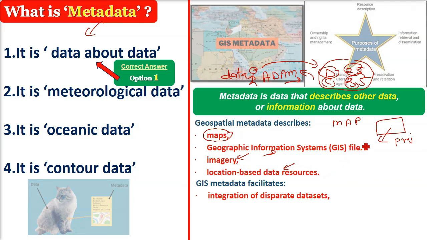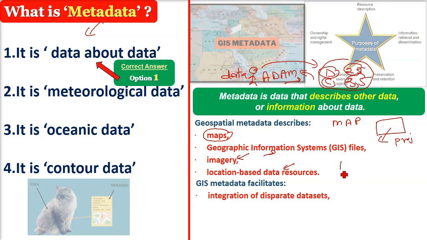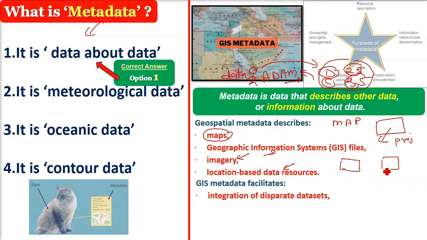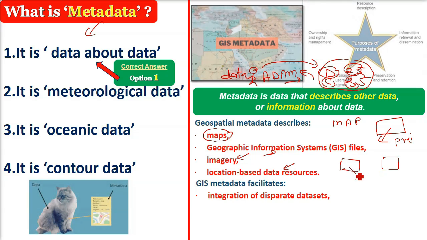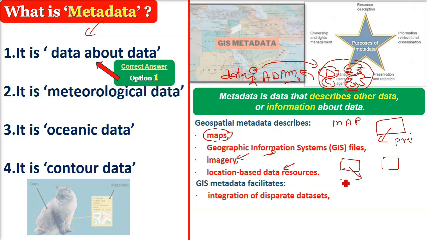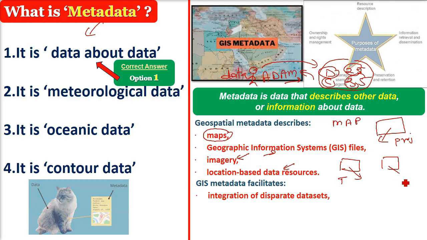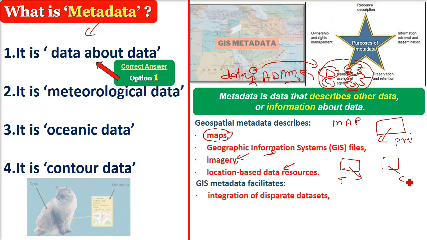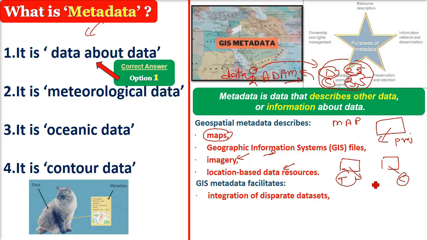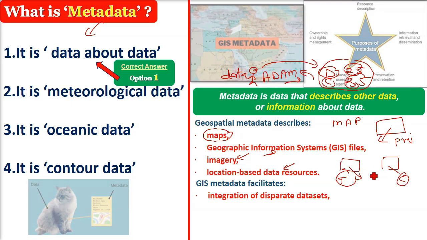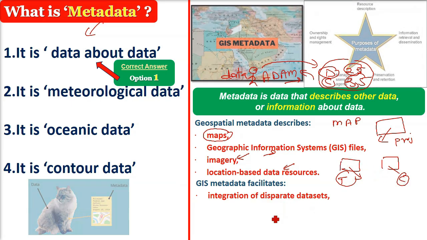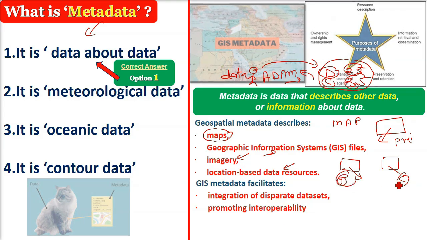So GIS metadata helps in the integration of disparate data sets. For example, one data set is created by someone in Toronto, and the other is created by someone in Calgary. These are two different data sets, but in order to get a broader view of understanding a country, these disparate data need to be integrated.